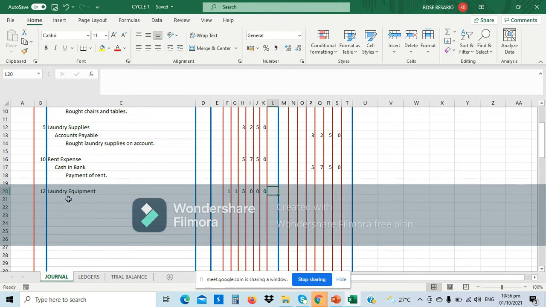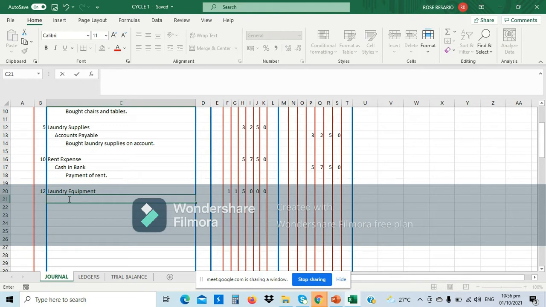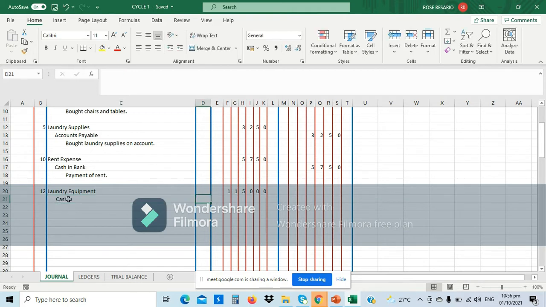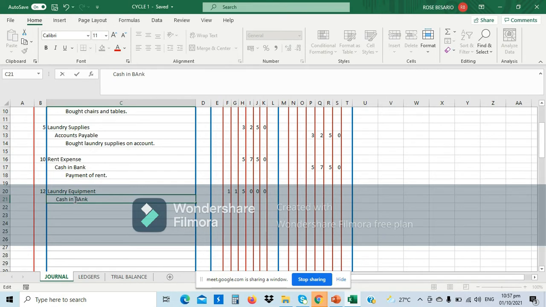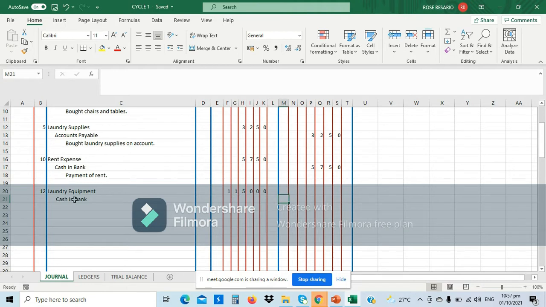Okay, then our credits, we have two credits here because the company made a down payment. So a credit to cash, or cash in bank, sorry. Cash in bank of, how much is that? That is 35,000.